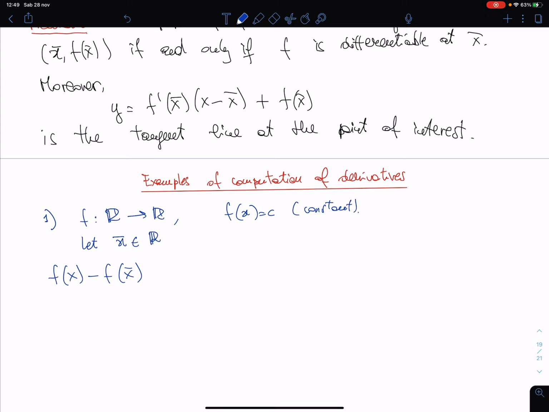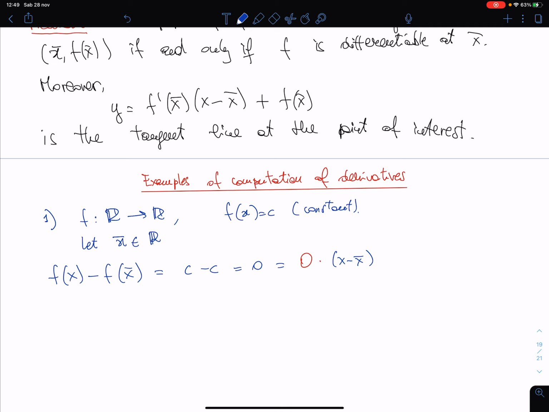We want to compute the increment, and this of course will be c minus c, which is 0. But we can write 0 in a sort of funny, quite baroque way, like 0 times the increment in the x.